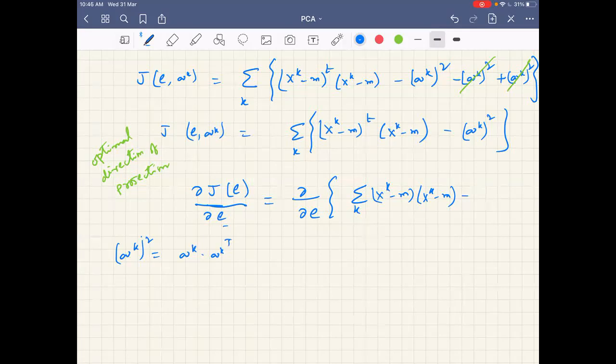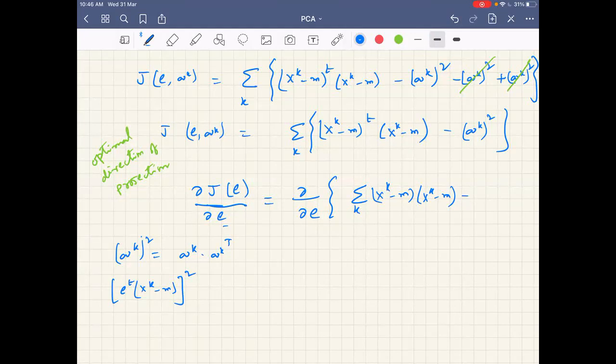But why am I writing AK into AK transpose? See, if I put AK square directly, what is AK? AK is equal to E transpose into (xk minus m). Now square. Will this make sense? No sir. No. So whenever a scalar is written in terms of a dot product of vectors or involving vectors, we will write either AK into AK transpose or AK transpose into AK.